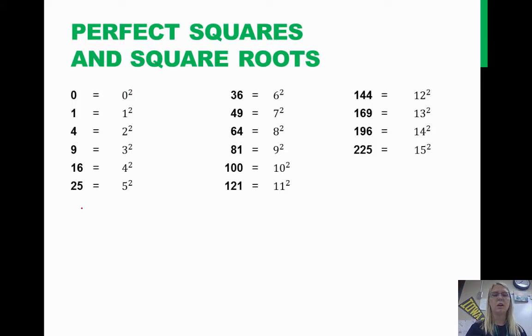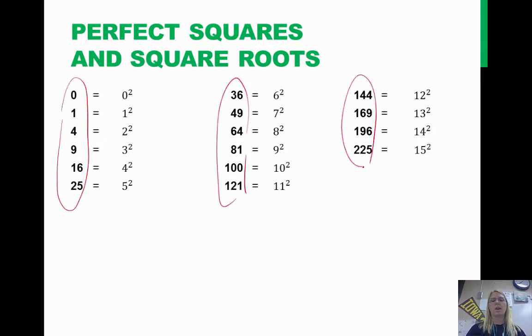The numbers that are in bold here are all what I would call perfect squares, and they are the numbers 1 through 15 squared. These are numbers that you really should know. It will make simplifying square roots a lot easier for you in the future. So you need to write these down and try to commit them to memory. And if you don't have them memorized, just go backwards. Think about, well, what's 3 times 3? What's 4 times 4? Those are all perfect squares.